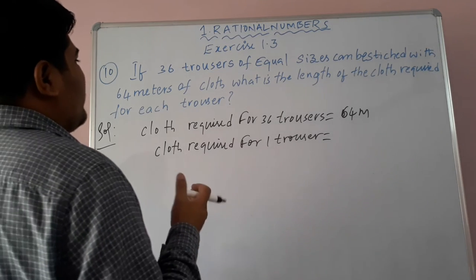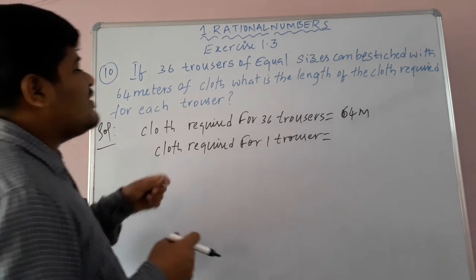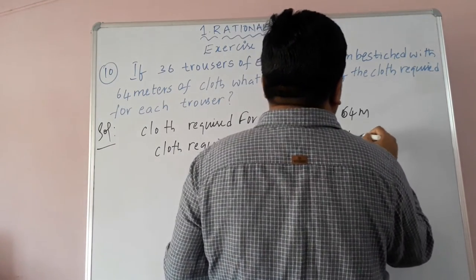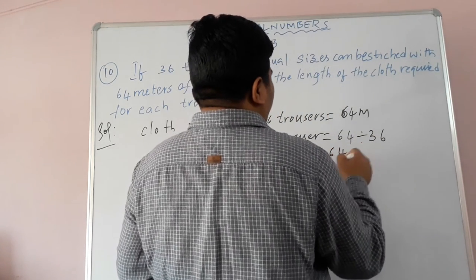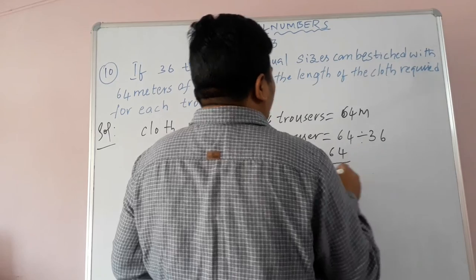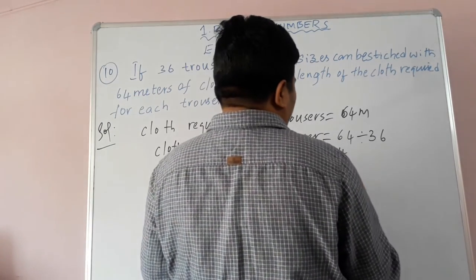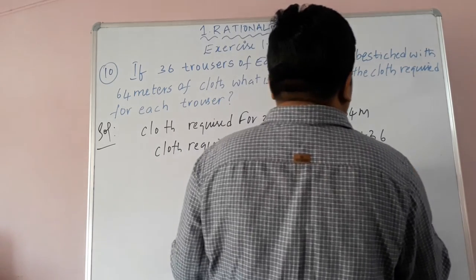So how will we get the answer? Cloth required for one trouser we get by dividing 64 by 36. So children, 64/36 we can write. 4 is the common factor. 4 9s are 36 and 4 16s are 64. So children, 16/9.